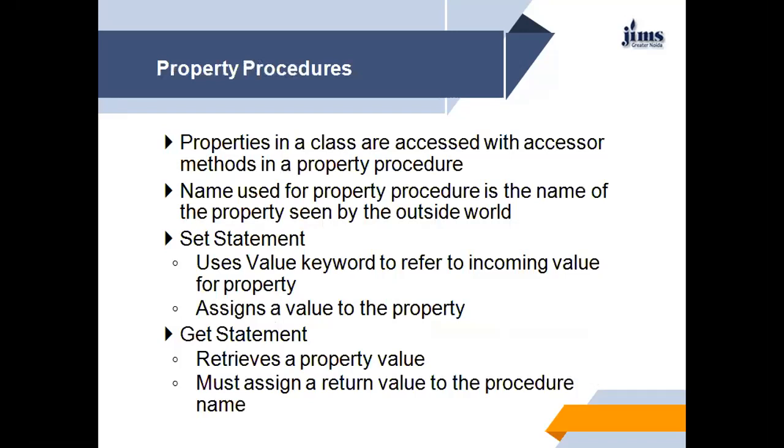Get is used when you want to retrieve a property value. The Get statement must assign a return value to the procedure name. So whenever you use Get, you should return a value.